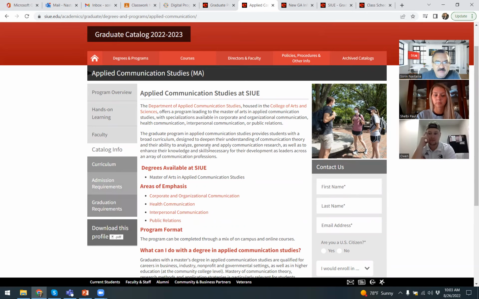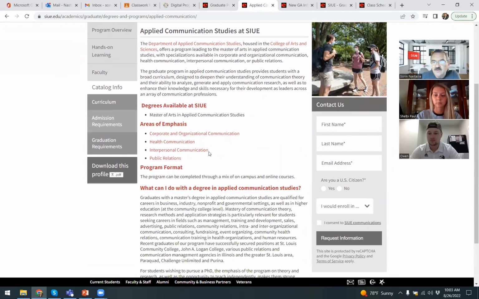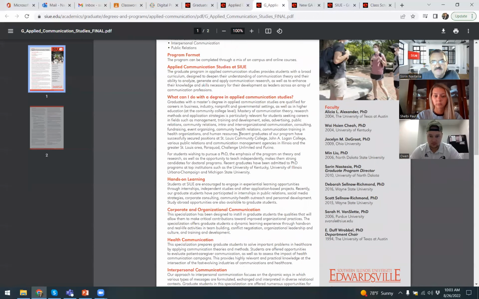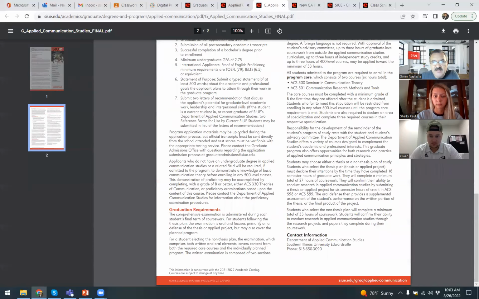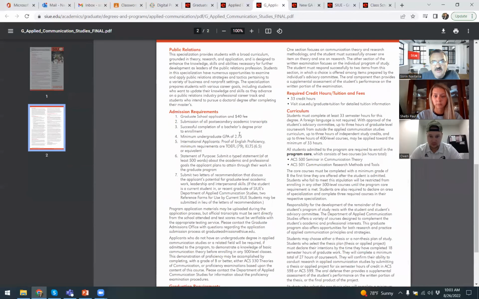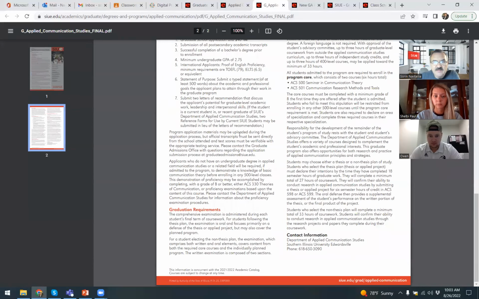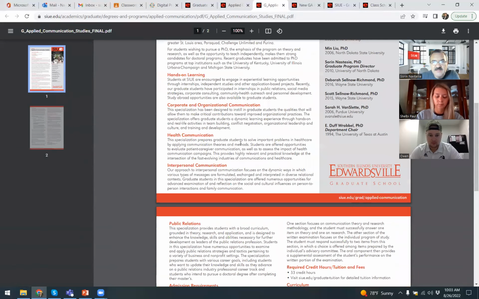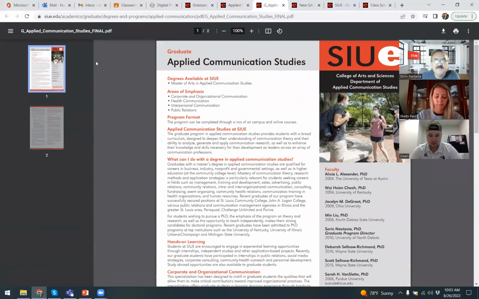For example, for a mock plan of courses that can be taken in the program, always download this profile. And here, usually after some introduction on the second page, there is an explanation of possible pathways, possible courses you can take, the specializations, and so on.